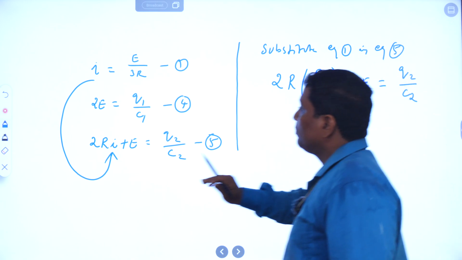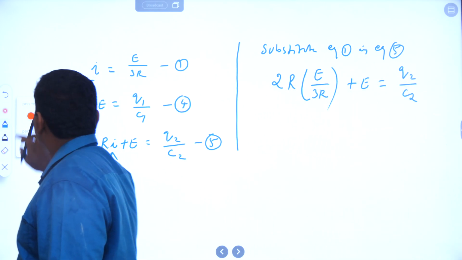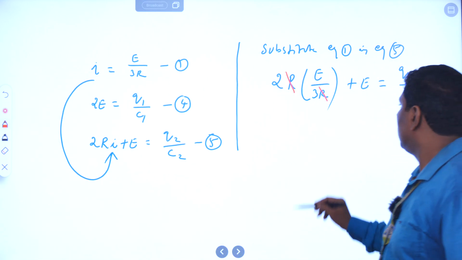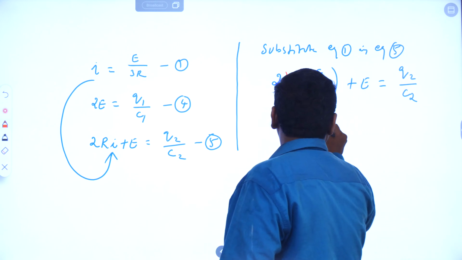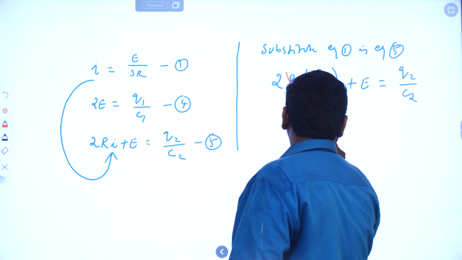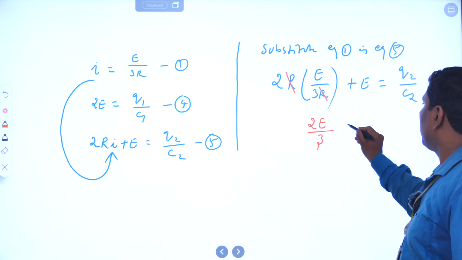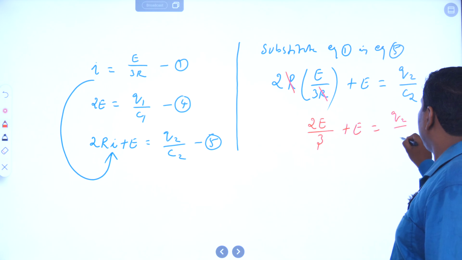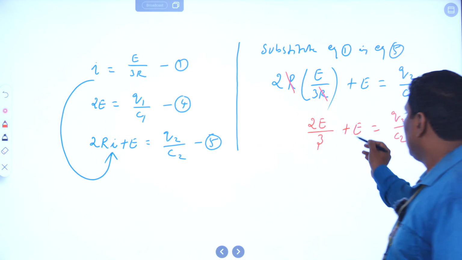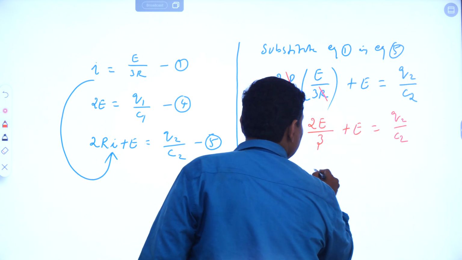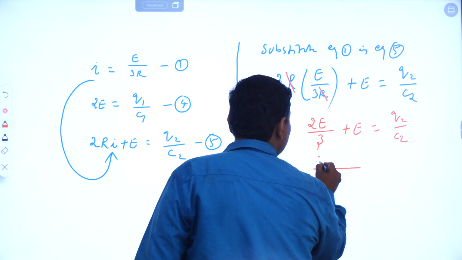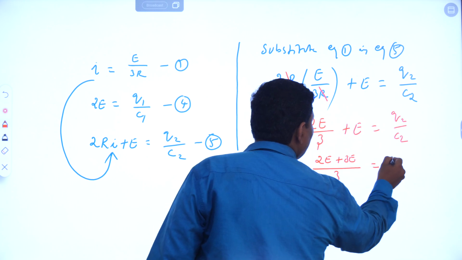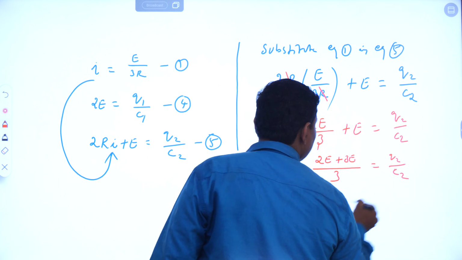Okay, so this R, here another R, cancel. So finally 2E divided by 3 plus E equal to Q2 divided by C2. So after simplification, 3 is common, 2E plus 3E equal to Q2 divided by C2.